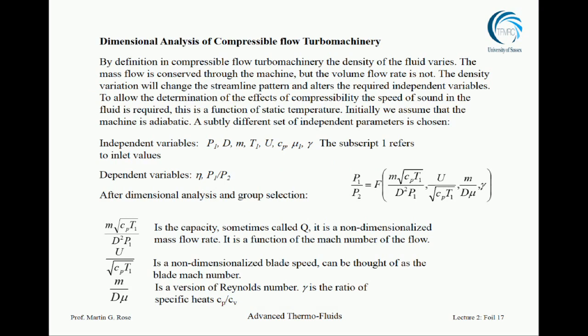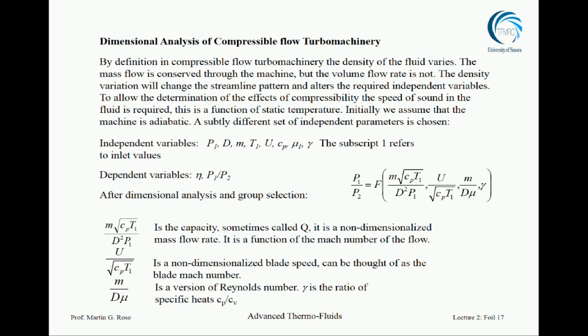Now, in a rather briefer way, because I find the elimination of variables rather dull, I'm going to address compressible flow dimensional analysis. So we now talk about steam turbines, gas turbines, centrifugal compressors, all those sort of things, where the density changes appreciably and where the Mach number may be transonic. So we have high Mach numbers in them.